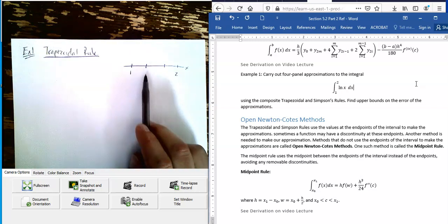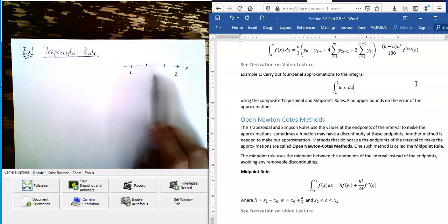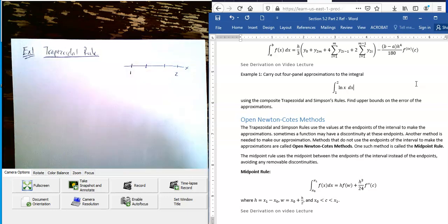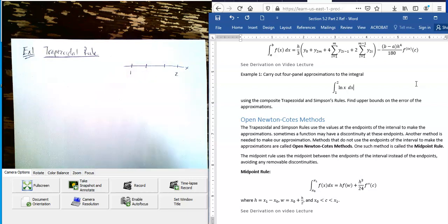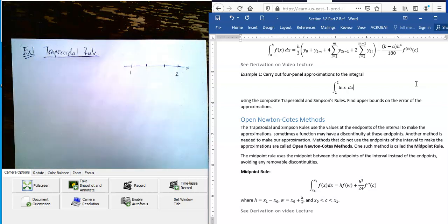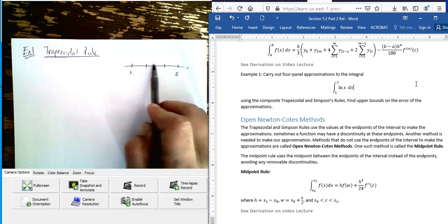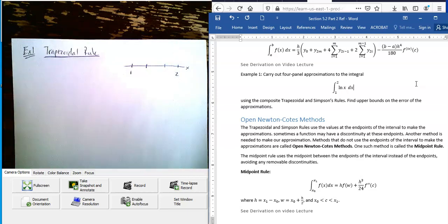So we have 1 and 2 at our endpoints, but what would these 2 be? Well, that's what divides this interval into 4 equal pieces. Remember, we have to have equal distances between each of them.